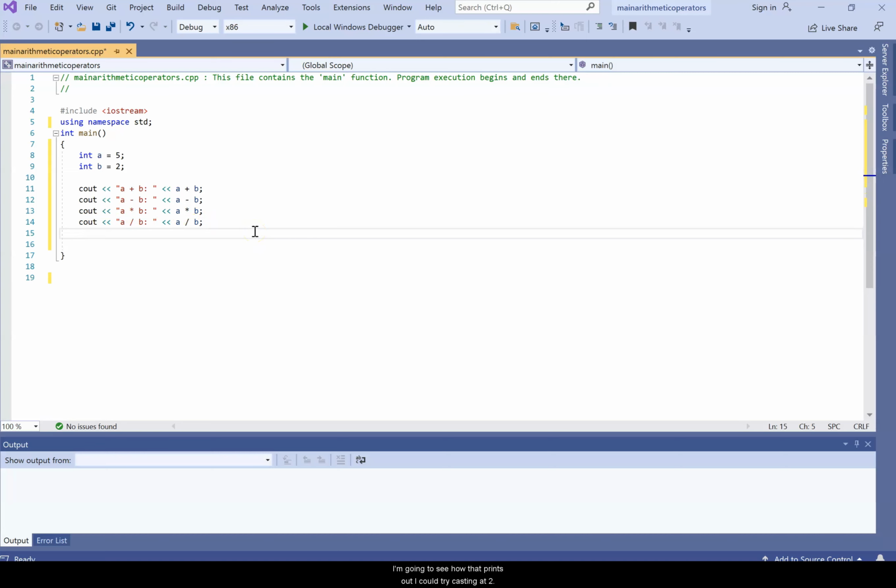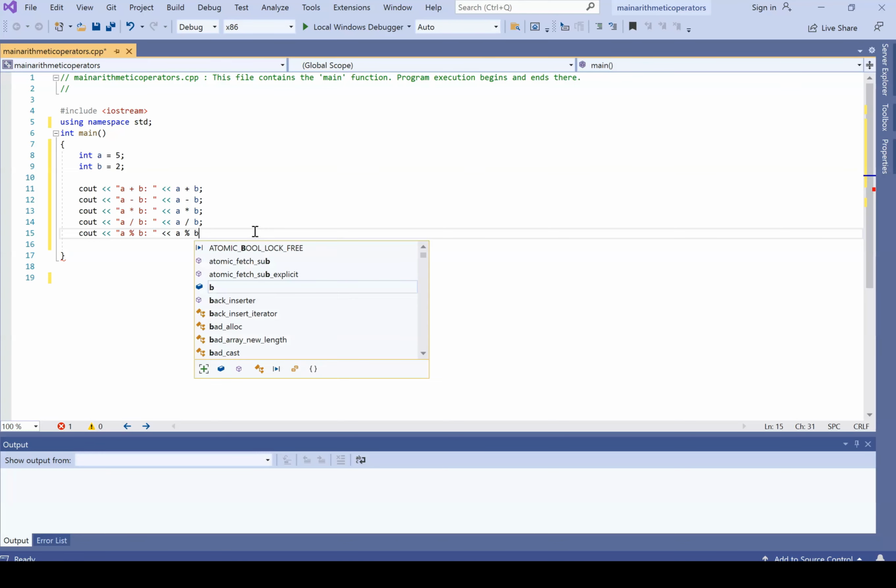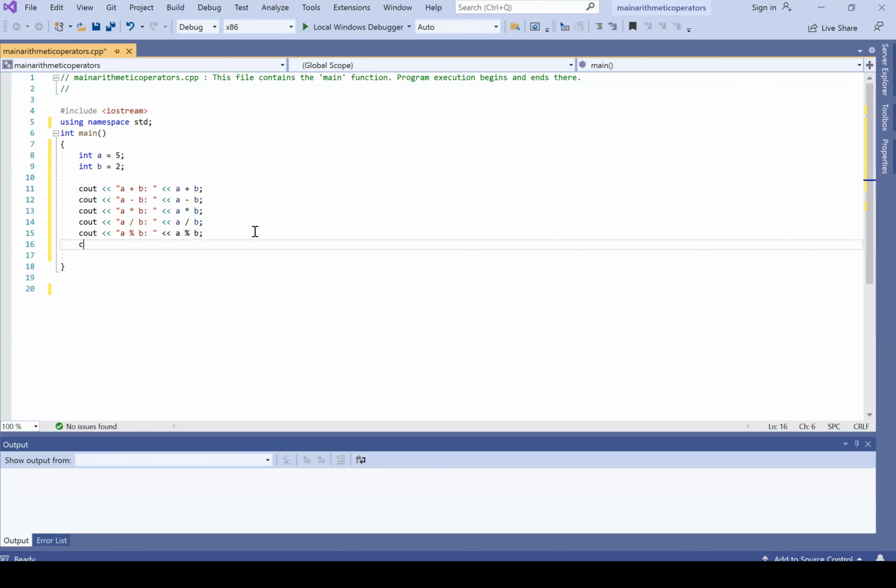I could try casting that too. And then we'll do cout a modulus b, and a modulus b and cout.